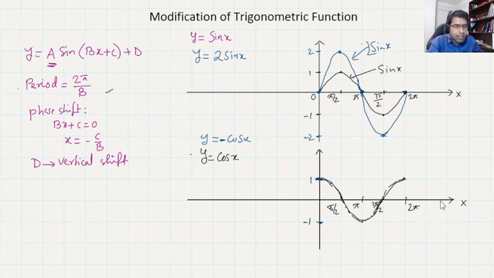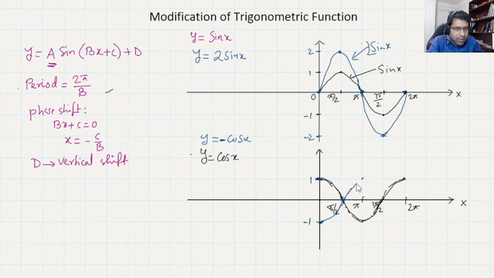So where before it started from +1, now we have to start from -1. When it was decreasing, now it is increasing like that, and then when it is 0, it is 0, coinciding here, and then when it was -1, it will be +1 here.